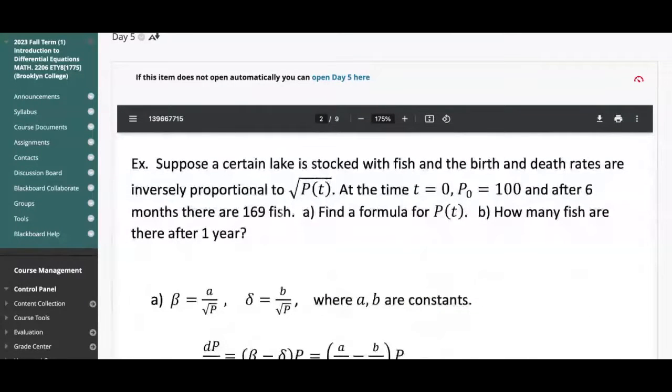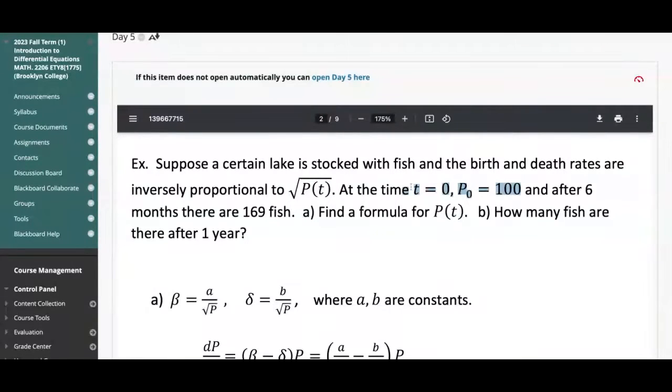Let's see this example. Suppose a certain lake is stocked with fish and the birth and death rates are inversely proportional to the square root of the population P of t. At time t equals 0, P naught equals 100.